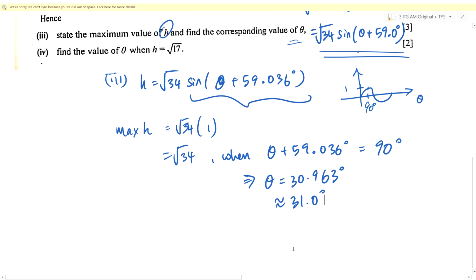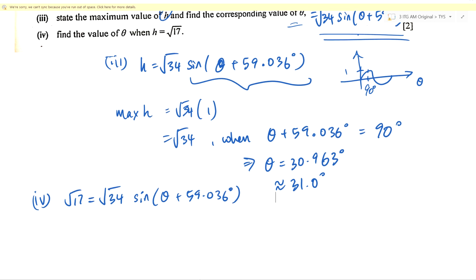Okay, part 4. Find when H equals root 17. So substitution: root 17 equals root 34 sine theta plus 59.036. Make theta the unknown. So we're left with sine of theta plus 59.036 is root 17 over root 34.